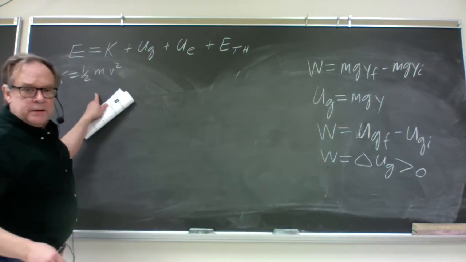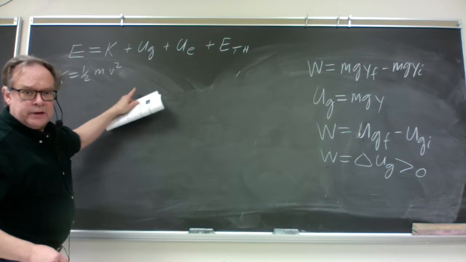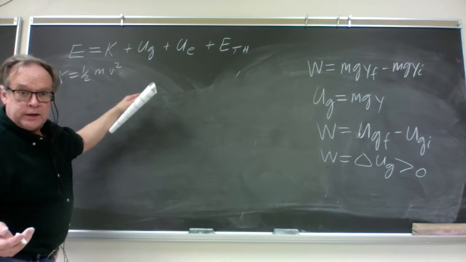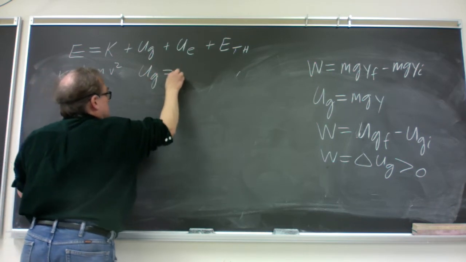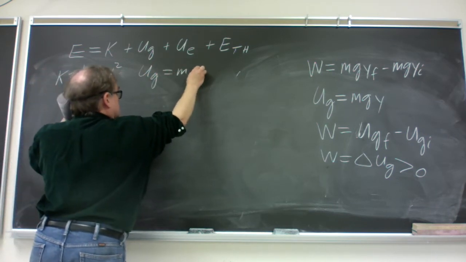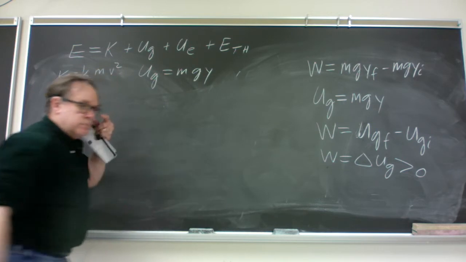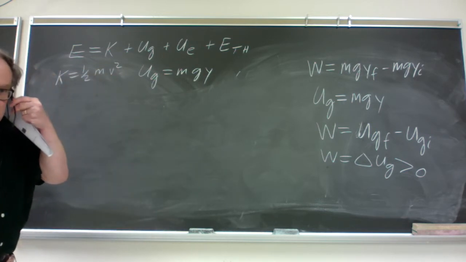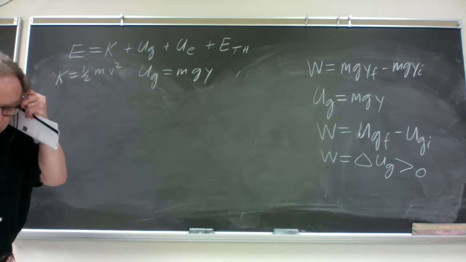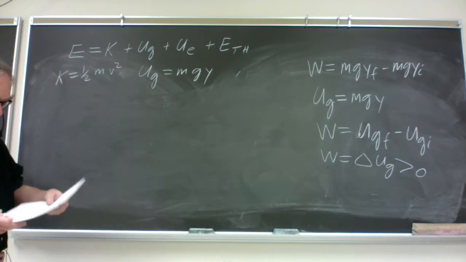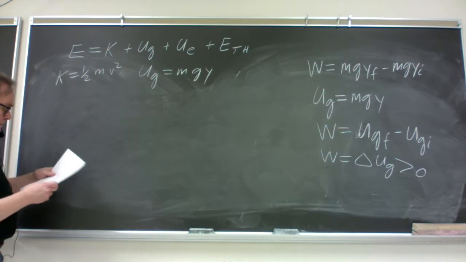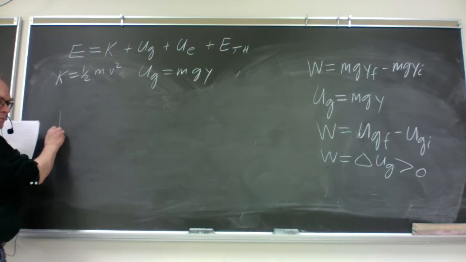So now we've got our rule for calculating kinetic energy. Now we also have a rule for calculating gravitational potential energy: mg times elevation. Now, elastic potential energy. And imagine now a spring.